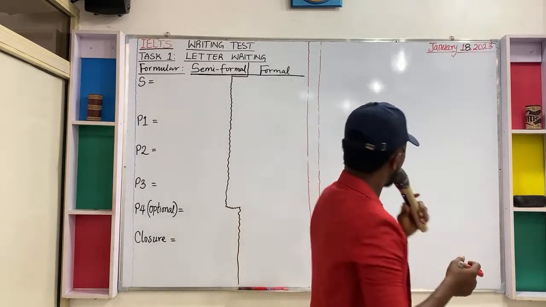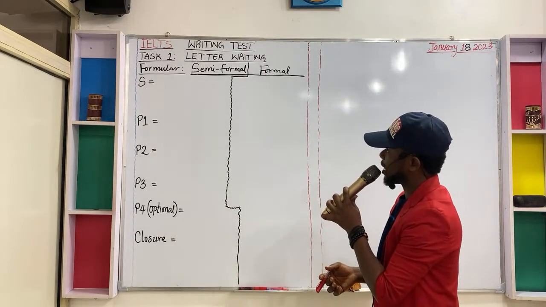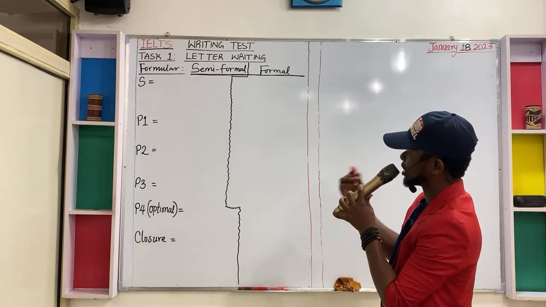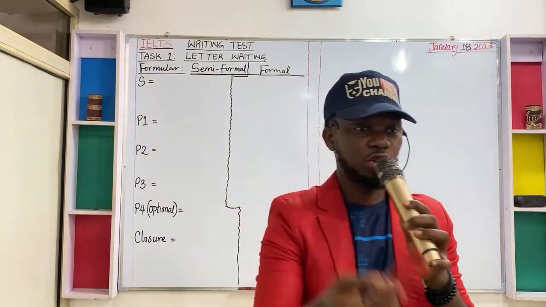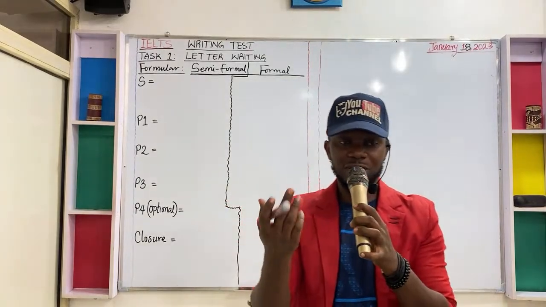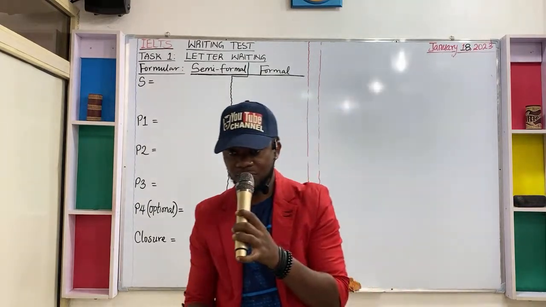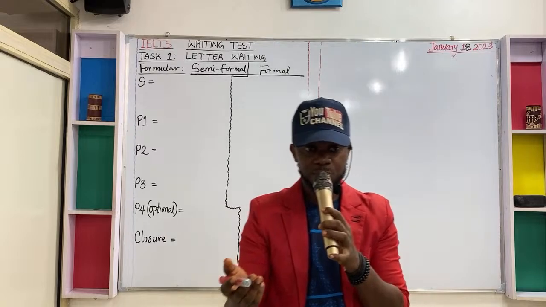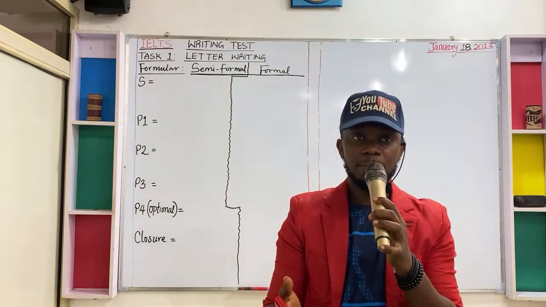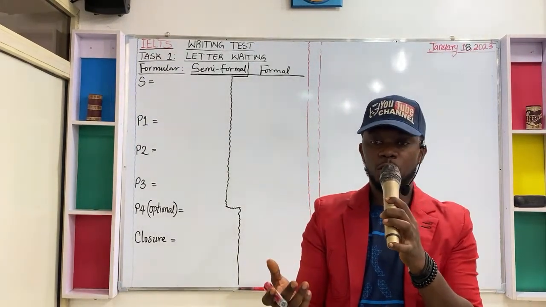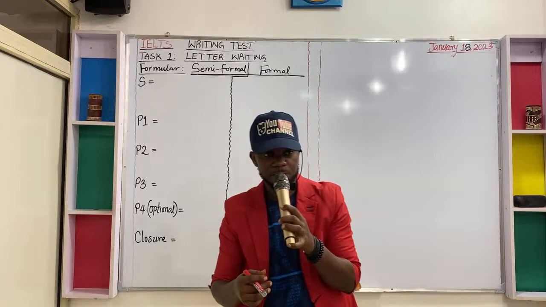So, now let's look at semi-formal letters. What are semi-formal letters? Semi-formal letters are letters you write to people that you have official relationship with, and examples would be letters you write to your lecturers, letters you write to your professors, letters you write to your children's school management or authority, letters you write to your landlord, letters you write to your clergy, letters you write to your monarchs, letters you write to owner of maybe a business firm that you have been patronizing over time.